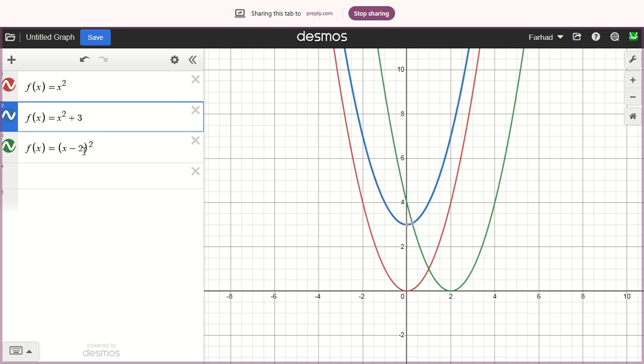But for x, it is opposite. If you subtract something from x, then the graph will move to the right, right? So if we use negative sign here, then it will move to the right, and if we put positive sign here, then the graph will move to the left.